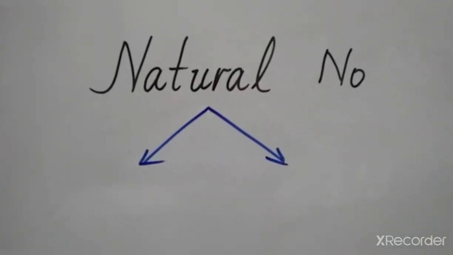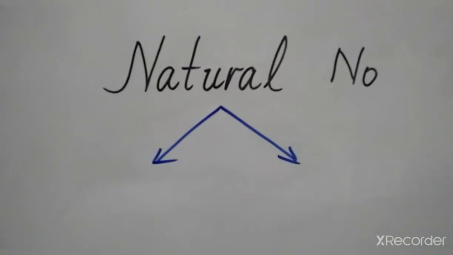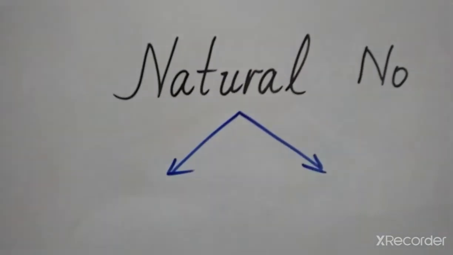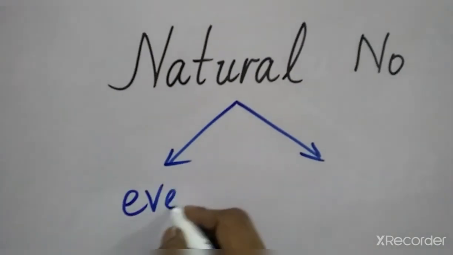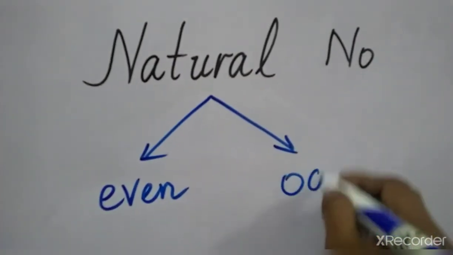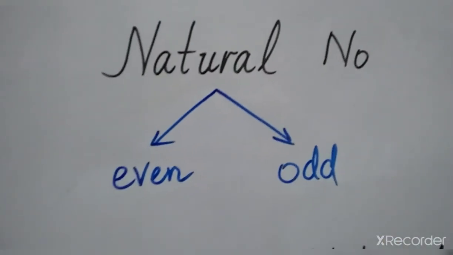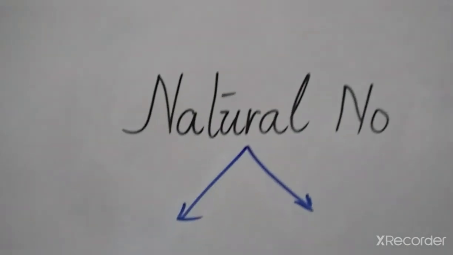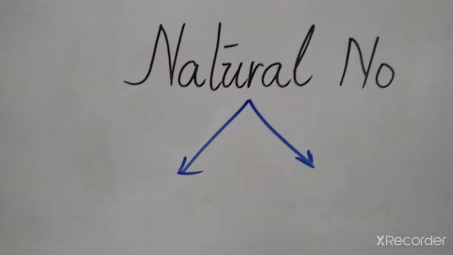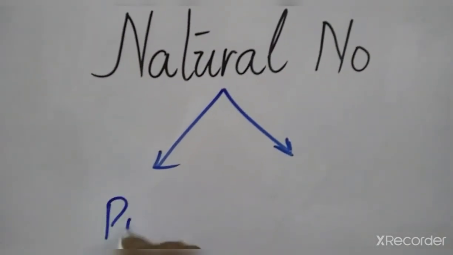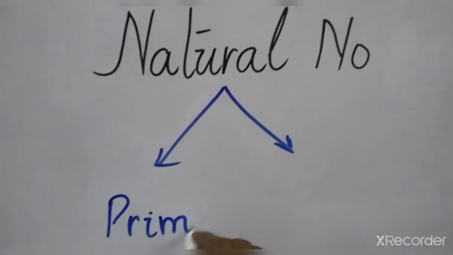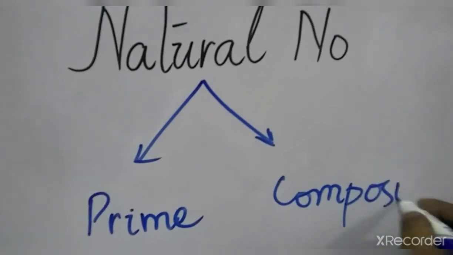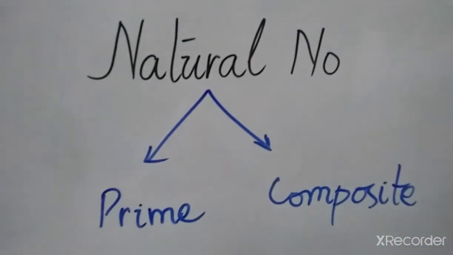Now for your better understanding, I want to show you here the classification of numbers. If I say every natural number can either be even or odd, yes, it means every natural number can be an even or odd number. And if I say a statement like this, every natural number can either be a prime number or a composite number. So students, you have to give me the answer. Is it a true statement or not?